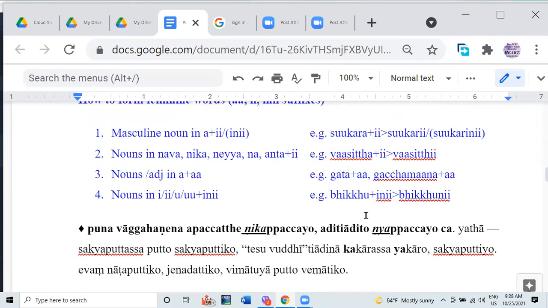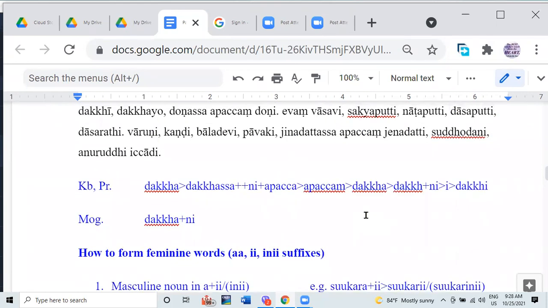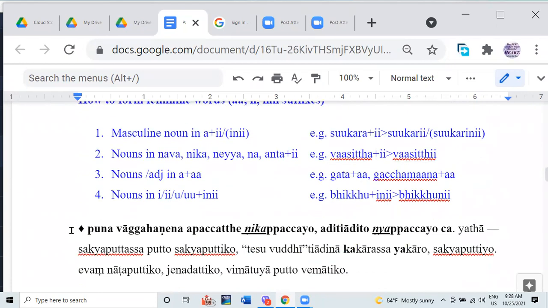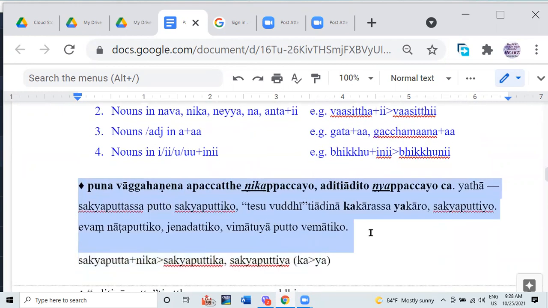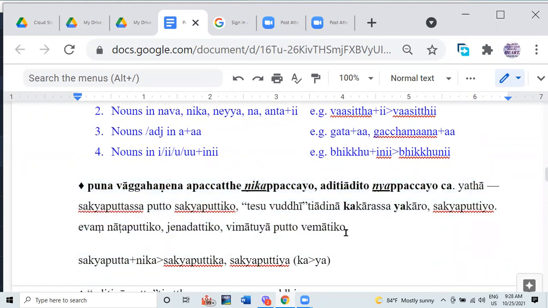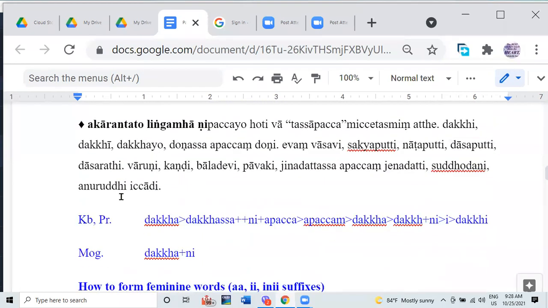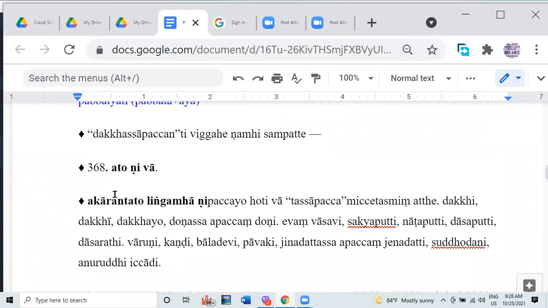That's, I think, why this paragraph is mentioned separately from the original paragraph. According to what I understand, in the original sutta we only see pure nouns.